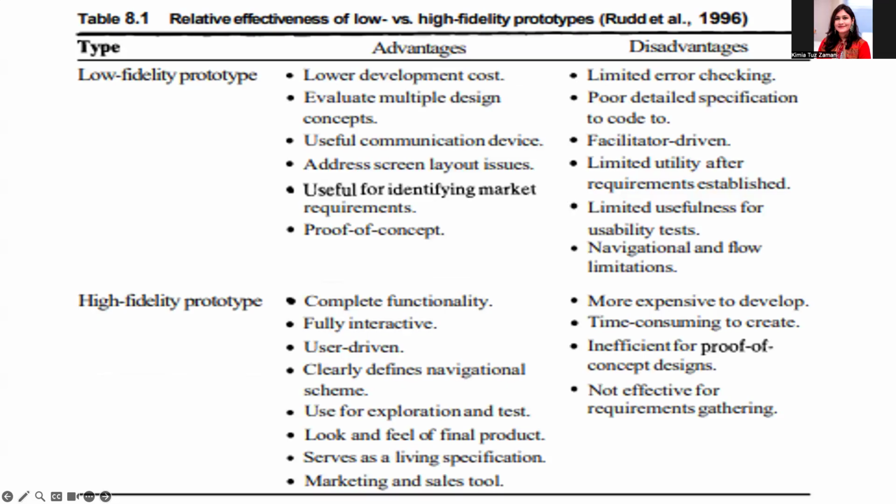Now, this table highlights the key differences between low fidelity and high fidelity prototypes, comparing their advantages and disadvantages. It shows that each serves a distinct purpose in the design process, and the choice between them depends on the project stage and goal.